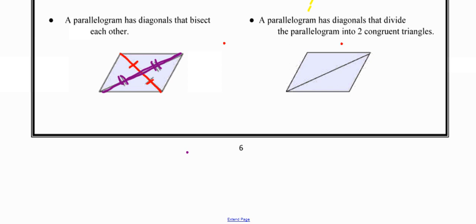And the last property that you need to know is that the parallelogram has diagonals that divide it into two congruent triangles. So in other words, the yellow triangle and the purple triangle in that picture would be congruent to one another. So these properties are really nice and all that, but what are you going to use them for? Well, we might use them to solve problems involving algebra.